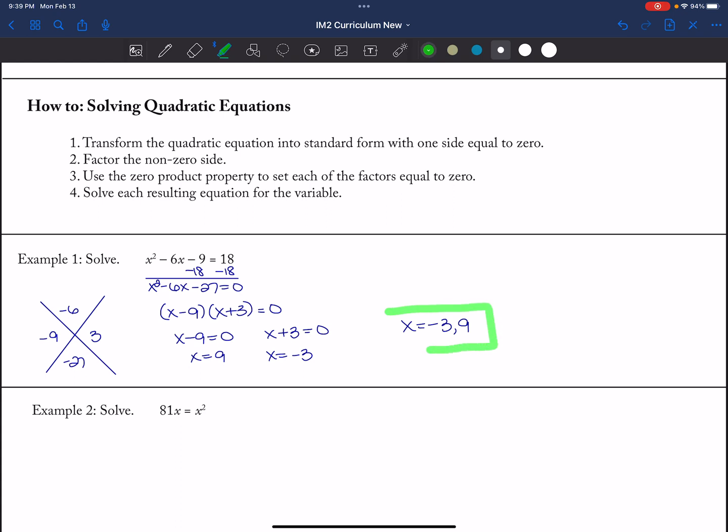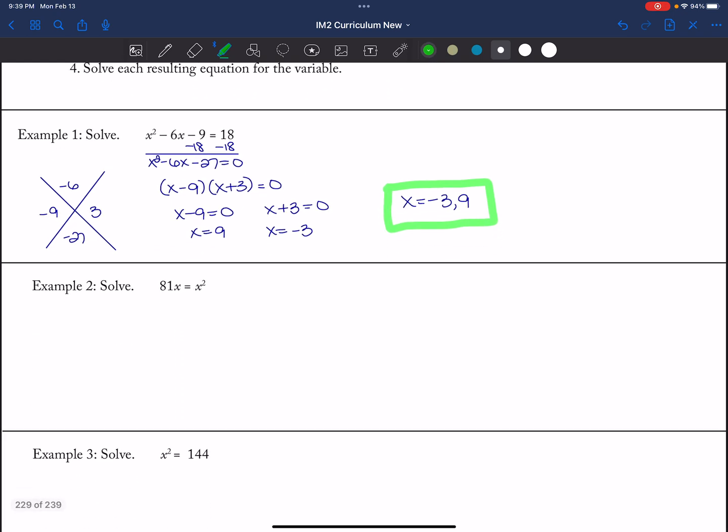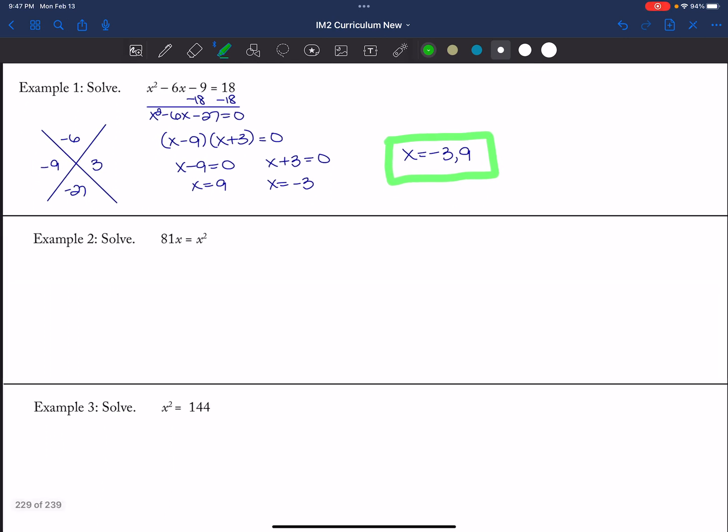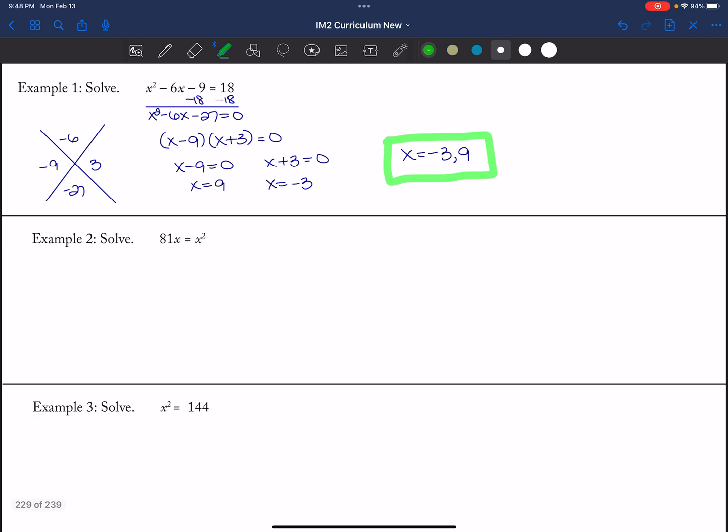Okay. All right, so again, we're going to make one side 0. So we're going to subtract 81x from both sides. It actually doesn't make any difference whether the 0 is on the right-hand side or the left-hand side.